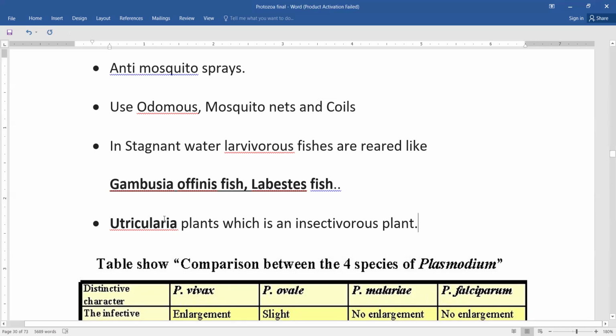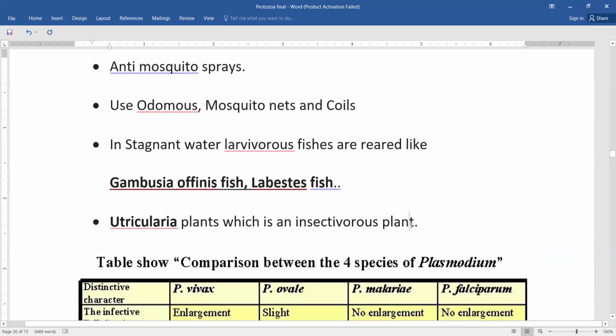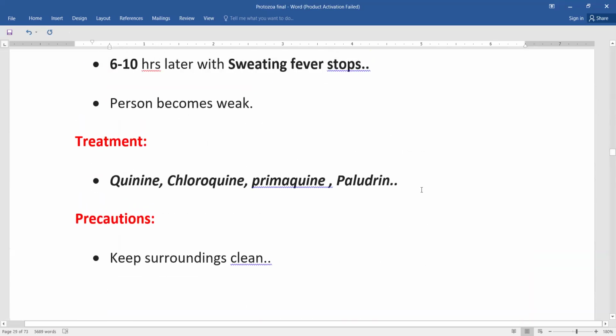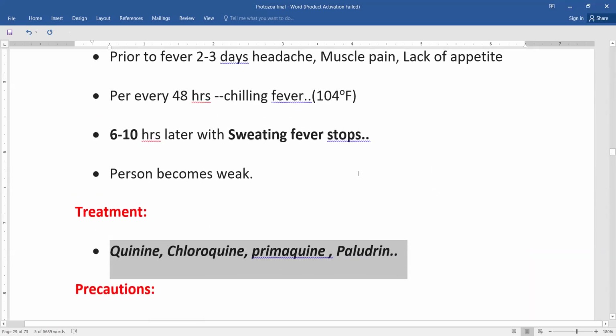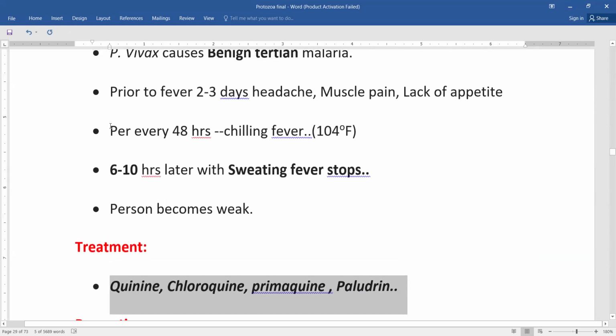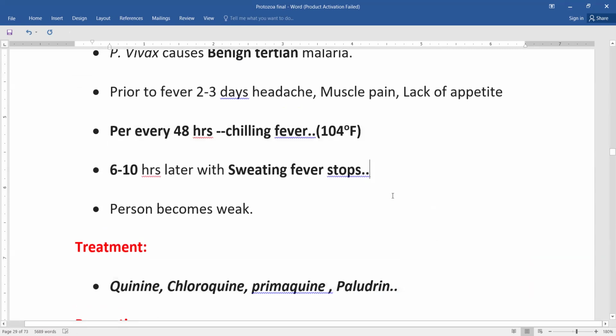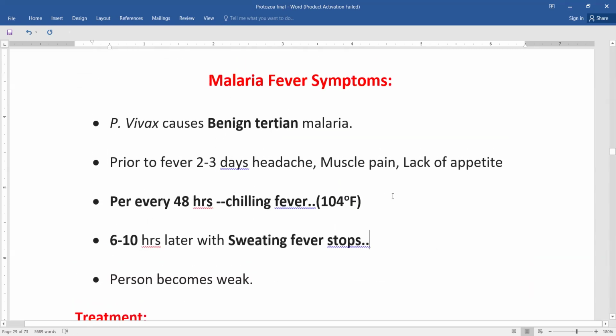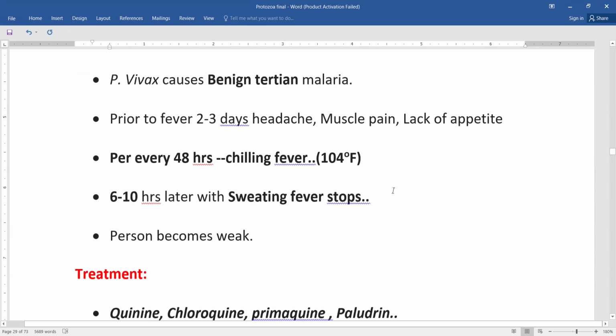So these are some precautions. You remember the Gambusia fish and Lebistes fish, and Utricularia. And whenever I highlight any word, that means it is important for the examinations. You should concentrate on that particular point.